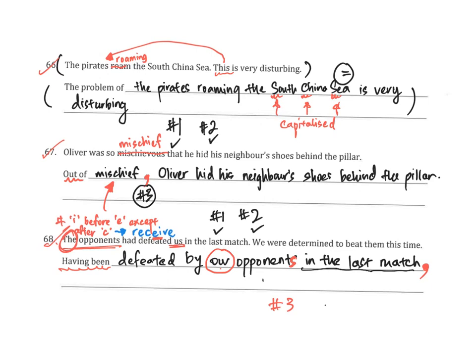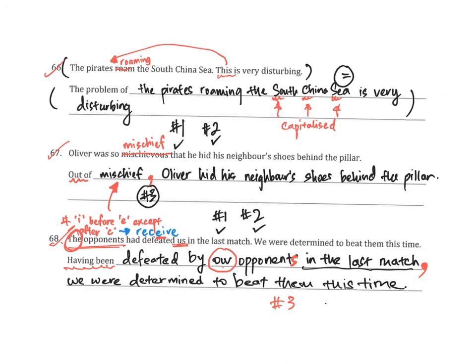Okay, I'm going to carry on, right? We were determined, and be very careful that you copy the words correctly spelled, to beat them this time. Alright, that's it. We've completed these 3 questions.